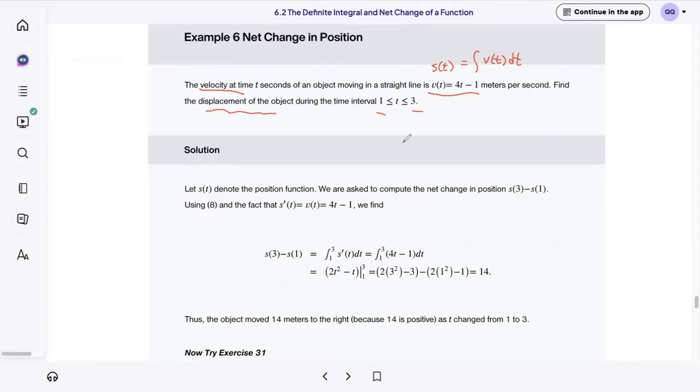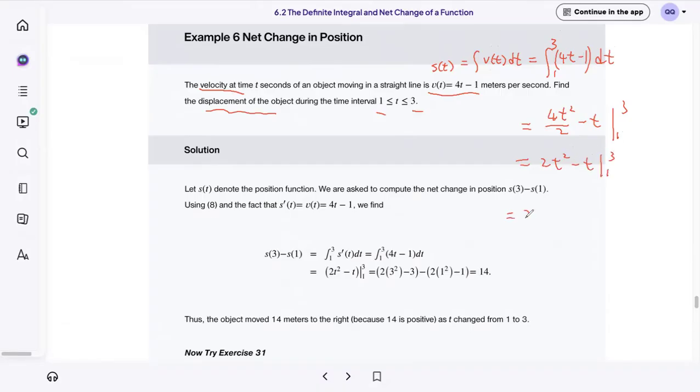So what do we do? We anti-differentiate this. We want to anti-differentiate 4t minus 1, then we evaluate at 1 and at 3. So this is dt, the variable is t now. We anti-differentiate first. So 4t squared divided by 2 minus t, which is 2t squared minus t.